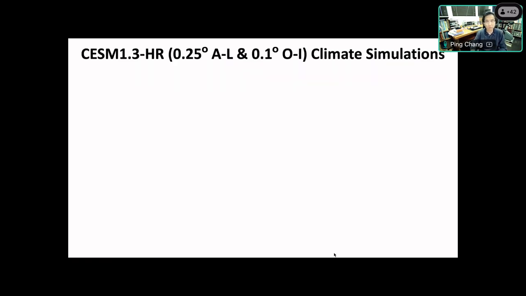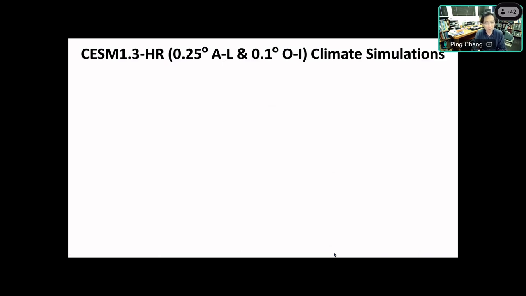So just to give you a quick tutorial about the model we're using for this project. The model is CESM version 1.3, and the atmospheric resolution is 1/4 degree and the ocean resolution is 1/10 degree. We're not using the latest version, CESM-2, primarily for two reasons.